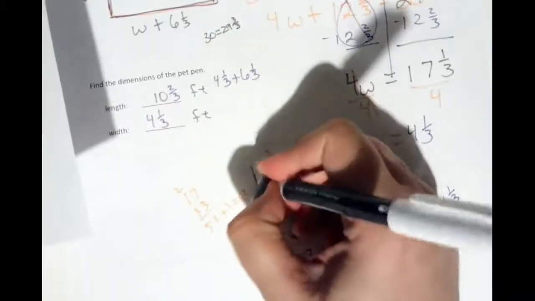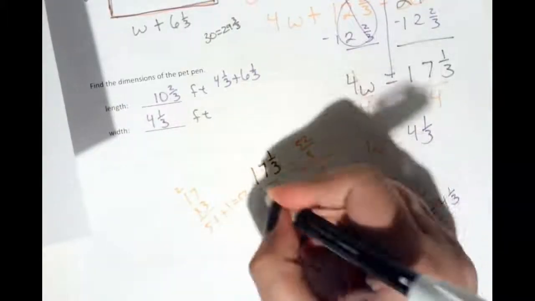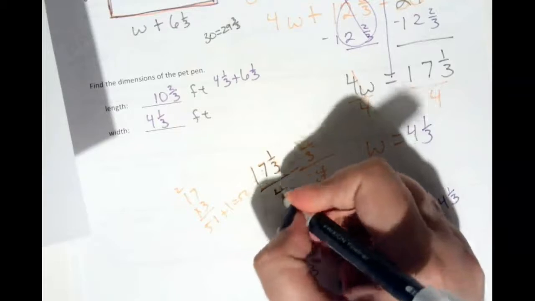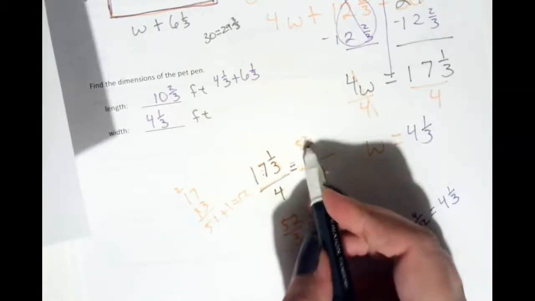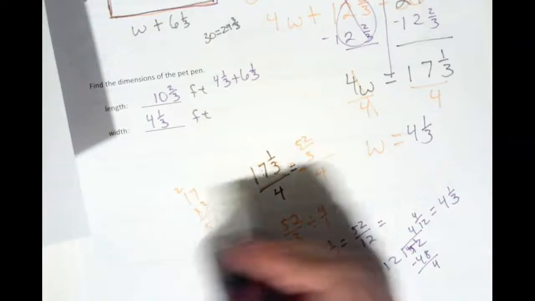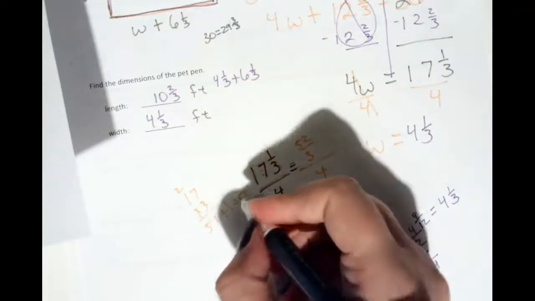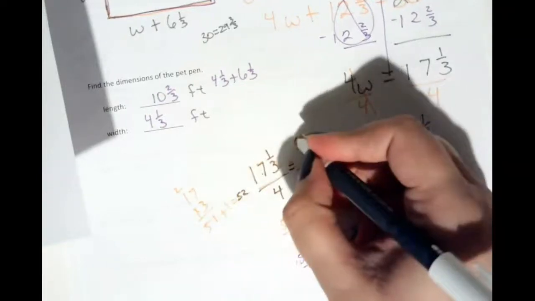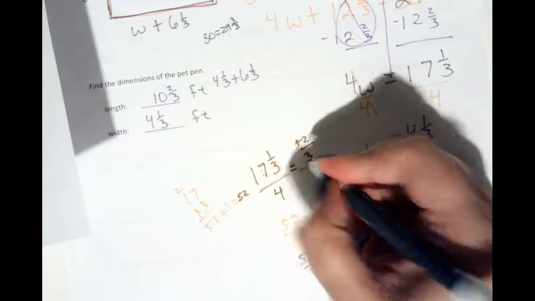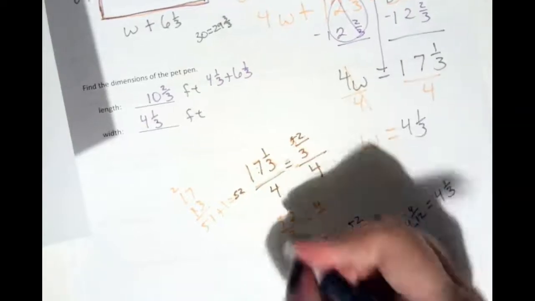And this is the division that I've worked out. And I said 17 1/3 divided by 4. And I rewrote this as an improper fraction. Here's 17 times 3 plus 1 is 52 thirds divided by 4.